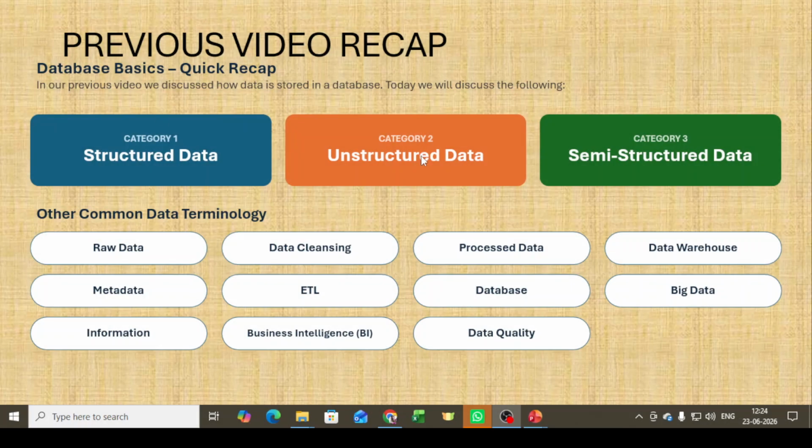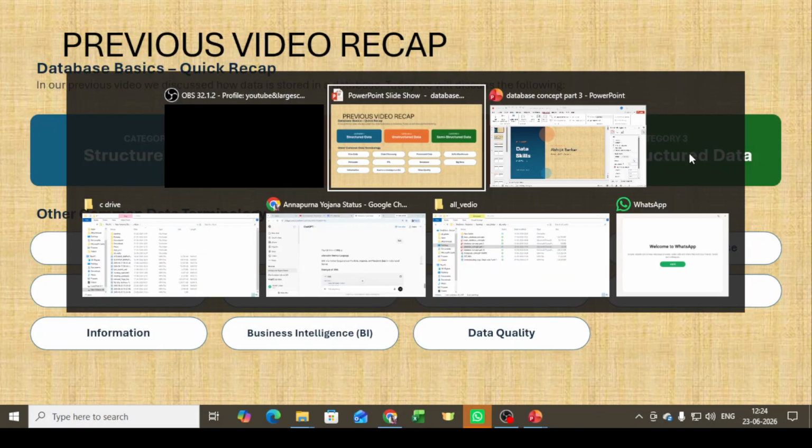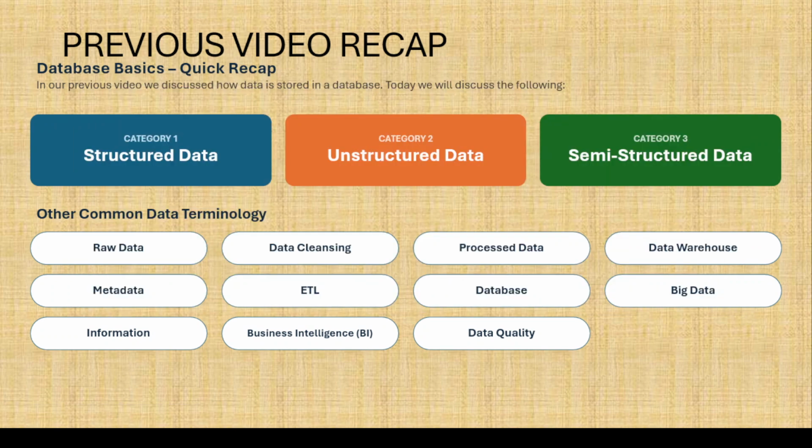Today we will discuss the different structures and categories of data: structured data, unstructured data, semi-structured data, and different common terminology basically used in computer technology.